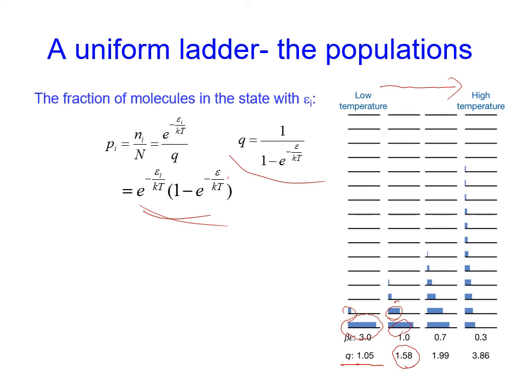Increase to a higher temperature, then Q becomes 1.99. So the 1st, 2nd, 3rd, even the fourth energy level is also significantly populated. At even higher temperature, Q increases, and more energy levels become accessible to the molecules.